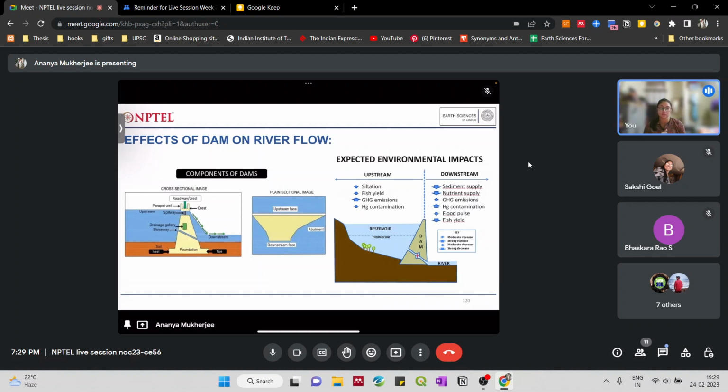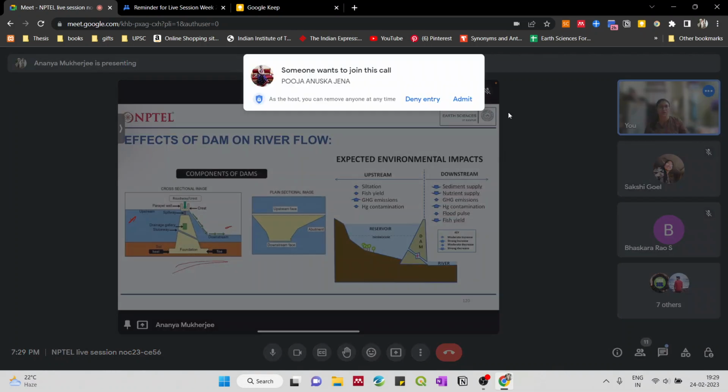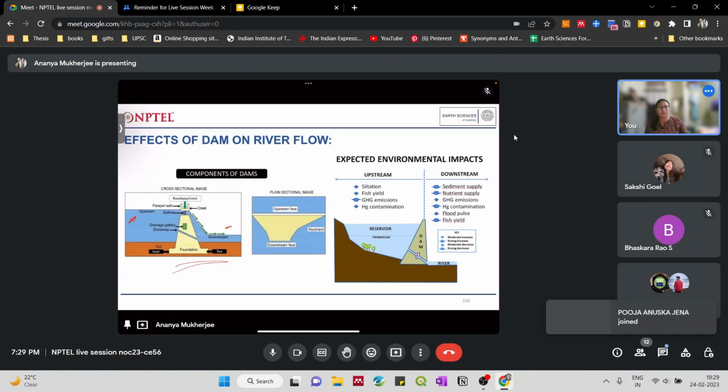This is a simple cross section of a dam to help you understand the upstream and the downstream. This part is the upstream, the reservoir, and this is the downstream. When the water is released from the spillway, it flows downstream and then along the river course.